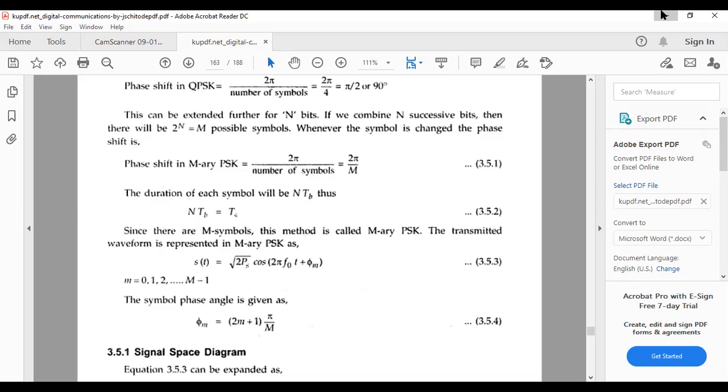If anyone has doubts, in the interaction session we will discuss QPSK modulation and also previous topics again. If anyone has doubts, we can ask in the interaction session.